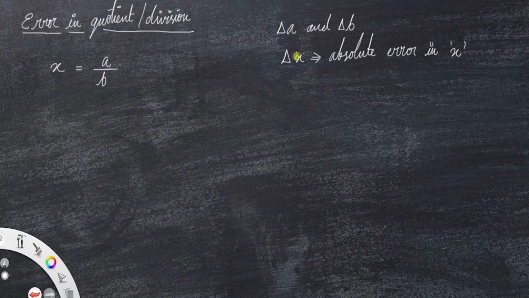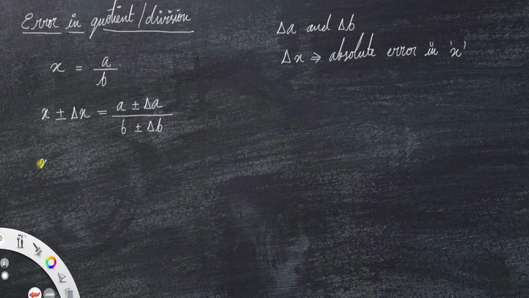Similarly, delta x is the absolute error in x. Now, if we write this variable with the error limits, we can write this as x plus or minus delta x is equal to a plus or minus delta a divided by b plus or minus delta b. Clear?